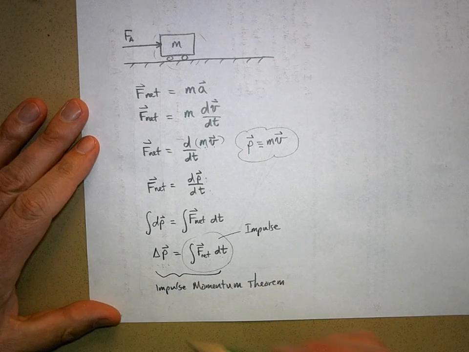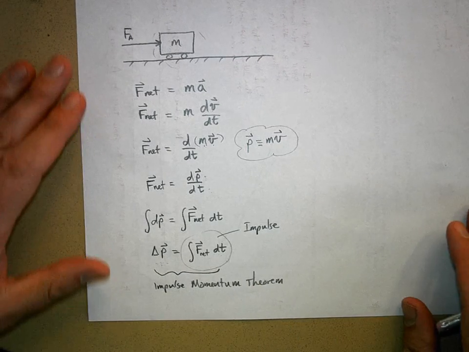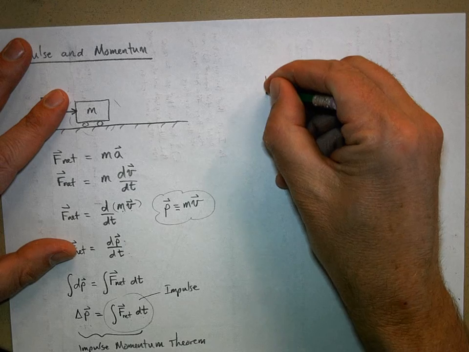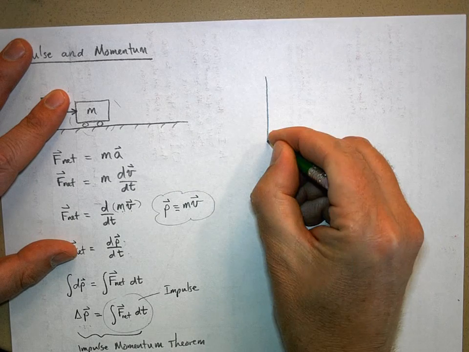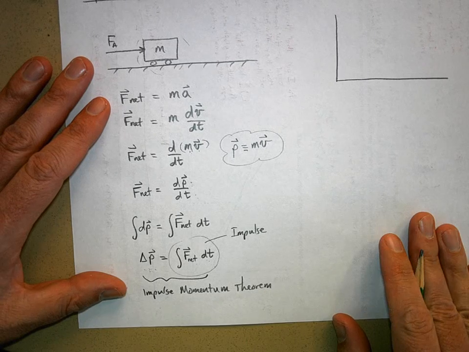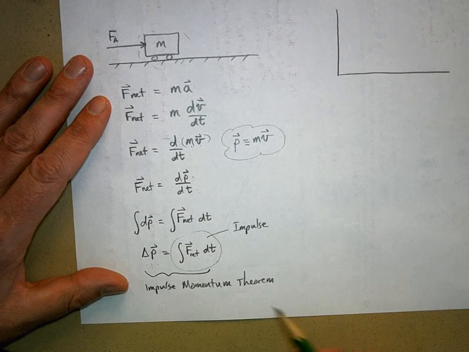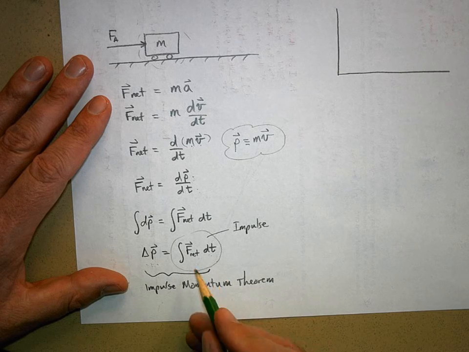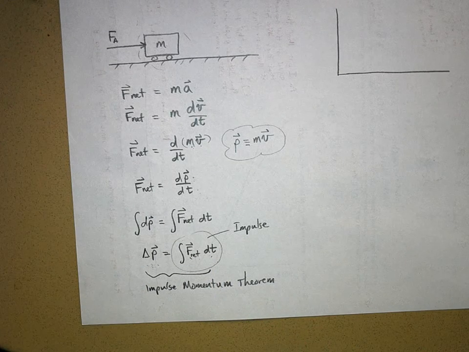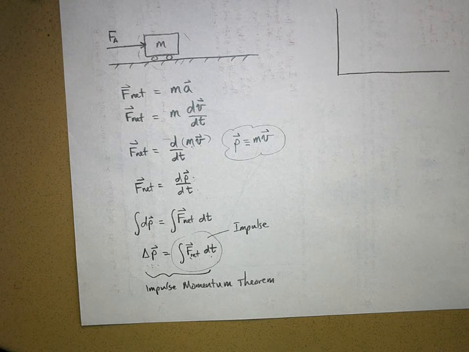Now this can be interpreted graphically. And by the way, anytime you define a quantity, in this case impulse, through a product, force times time, remember, when you're doing an integral, you're talking about multiplying two quantities together.